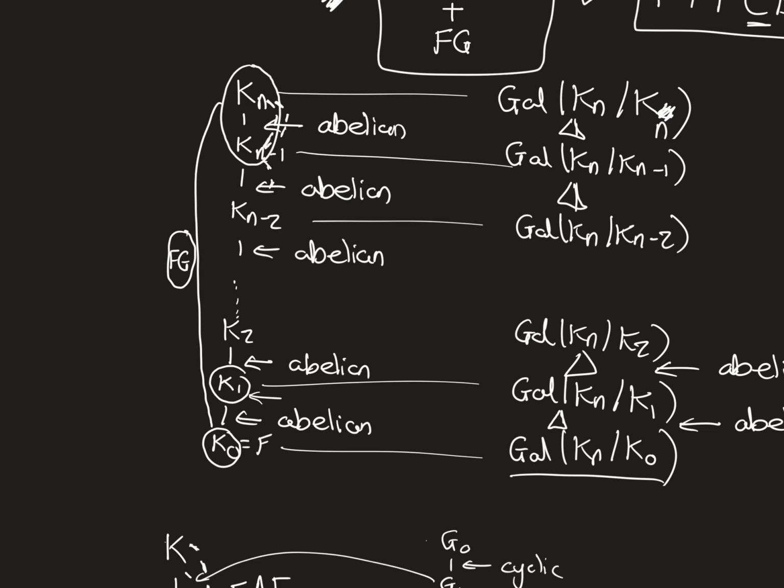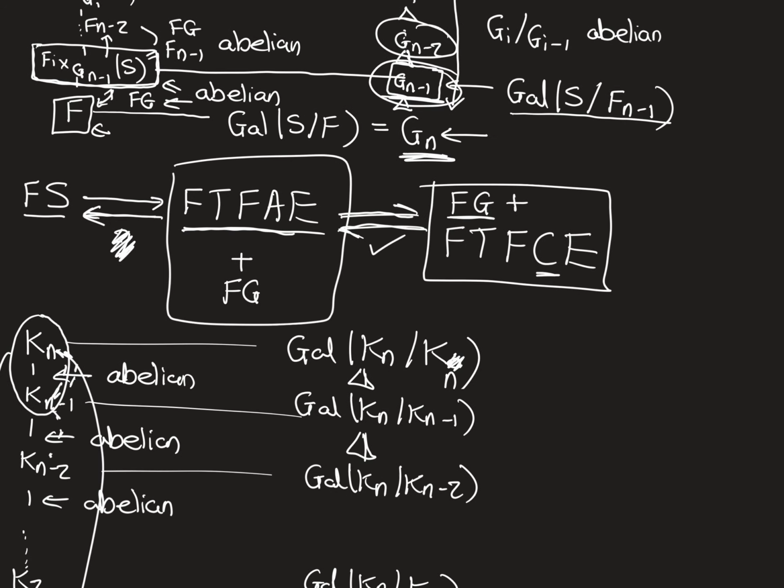I do it for every single one of them, and then I've overall built the entire extension out of a finite tower of finite cyclic extensions. So that then proves this direction of this if and only if statement. If I've got a finite Galois extension built out of a finite tower of finite abelian extensions, I can conclude that it's built out of a finite tower of finite cyclic extensions.